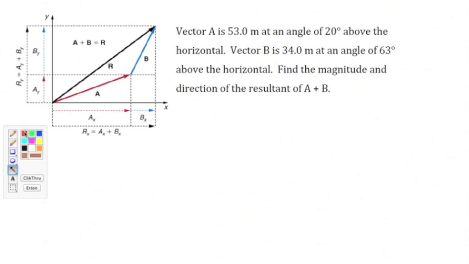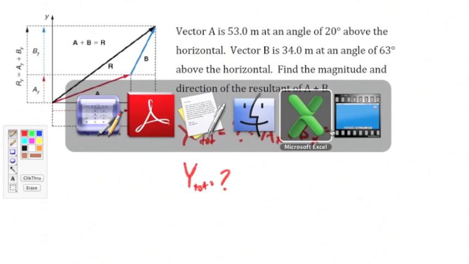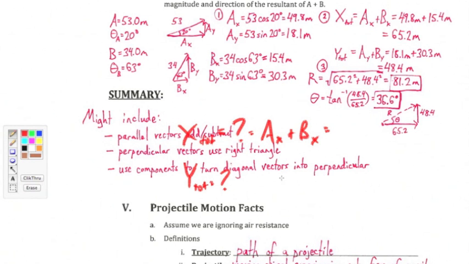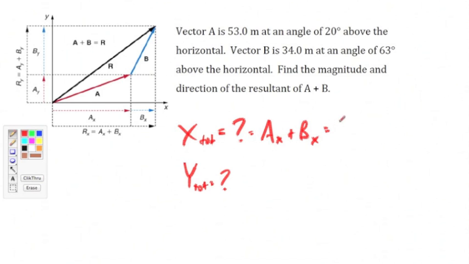Step 2 is to figure out our x total and our y total. So we had AX and BX, 49.8 meters and 15.4 meters.